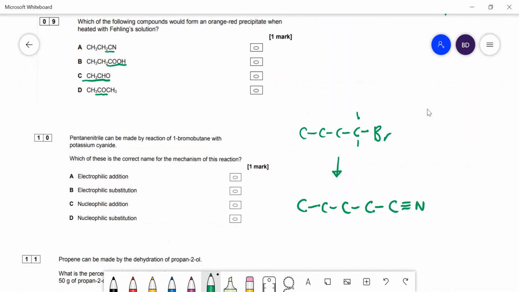So how's that working? We've got a delta positive on that carbon, and so a cyanide ion is going to come along, and it's going to go there like that. And so this is a nucleophile, and you're swapping it for the bromine, so nucleophilic substitution is the right answer.